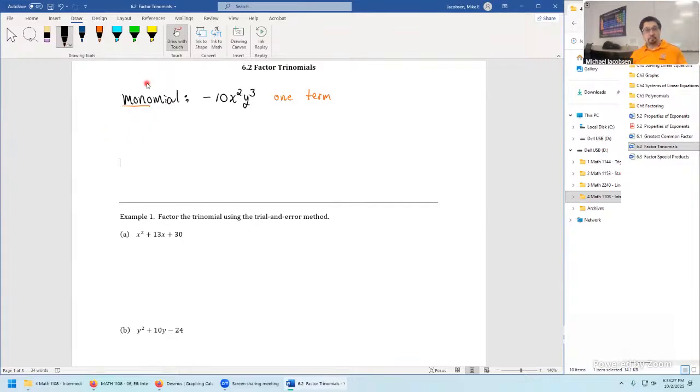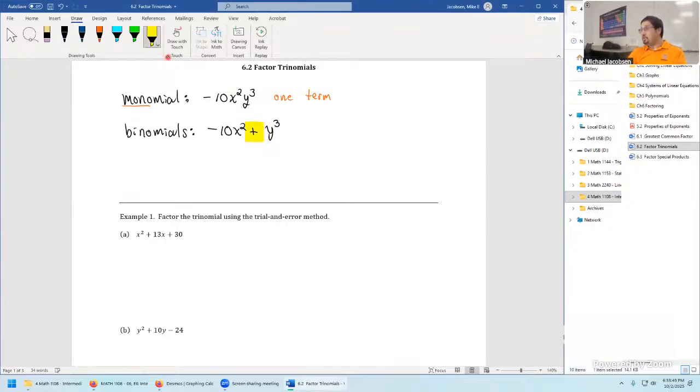Next are the binomials. That could be something like this. This was a monomial just as it stands, but you make one small change, go -10x squared plus y cubed. Now it's a binomial.